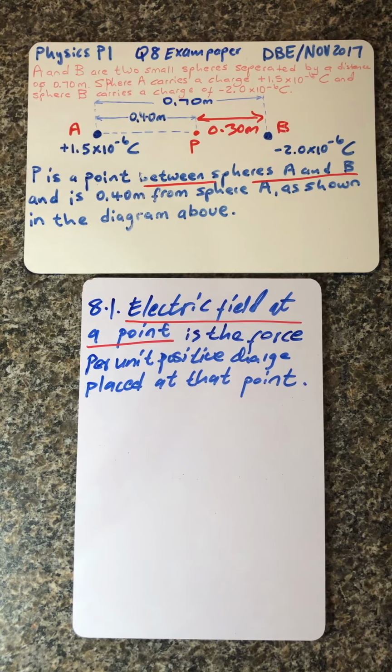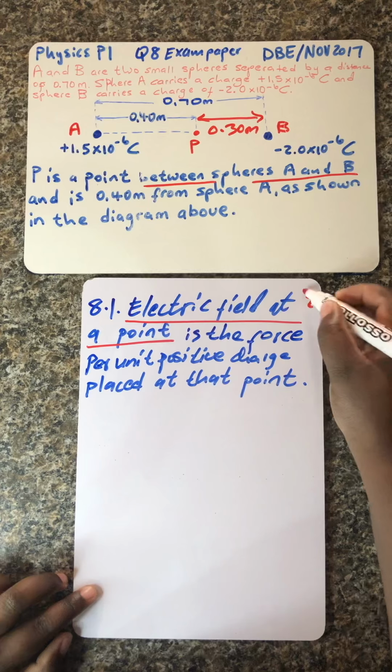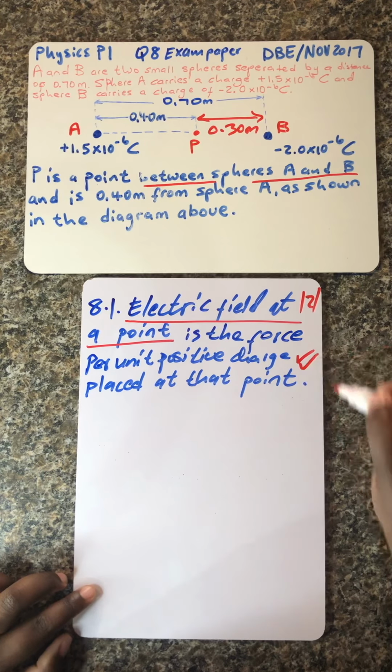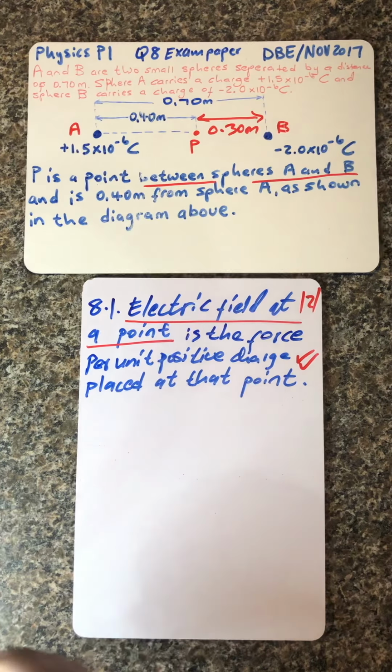Okay, so guys, this is how you answer the first question, where the question says define electric field at a point. By so doing, you score your 2 marks. So this is how you score your 2 marks. So now, guys, let's move to the next question.